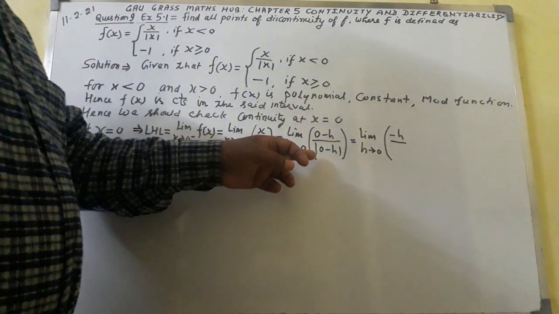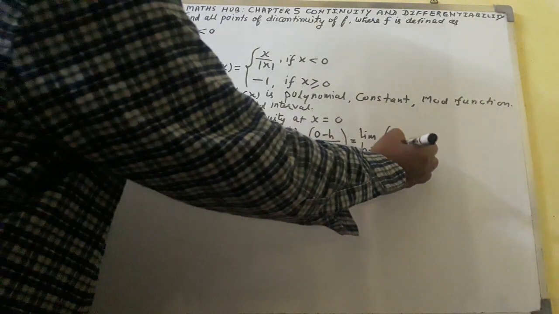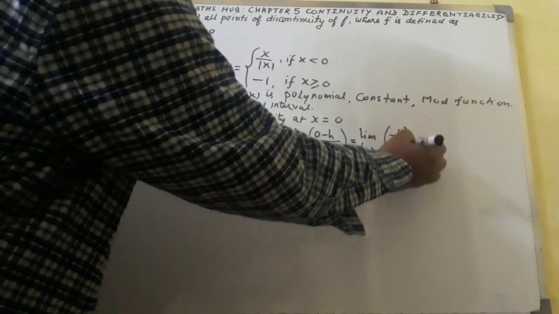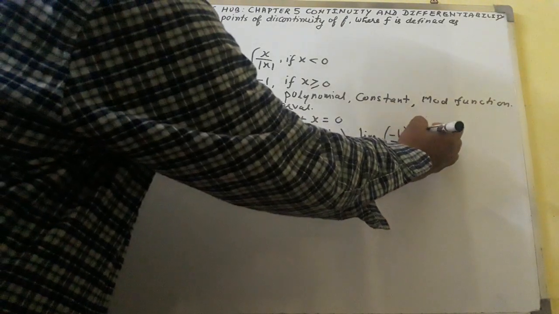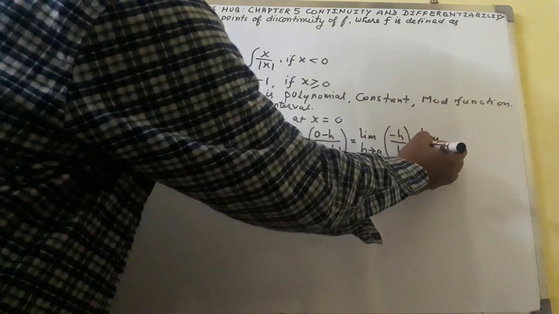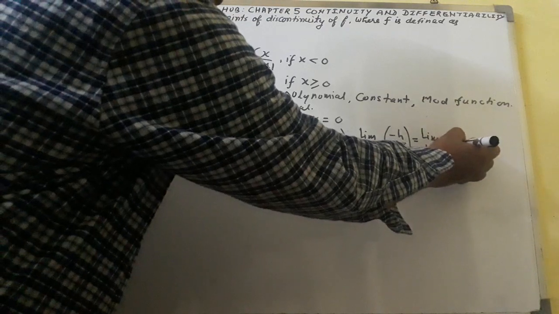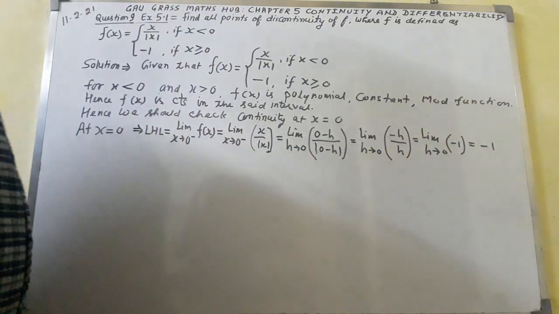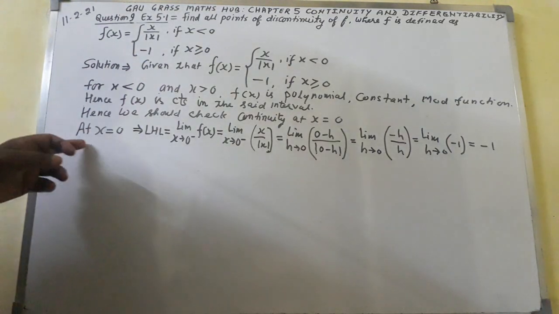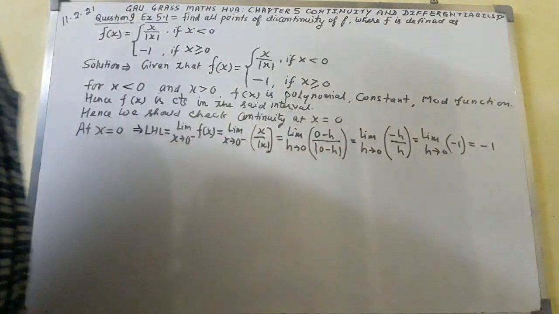Here mod of 0 minus h comes out to be h. So here you will get lim h tends 0 of minus 1, which comes out to be minus 1. At x equal to 0, the left hand limit you have got is minus 1.